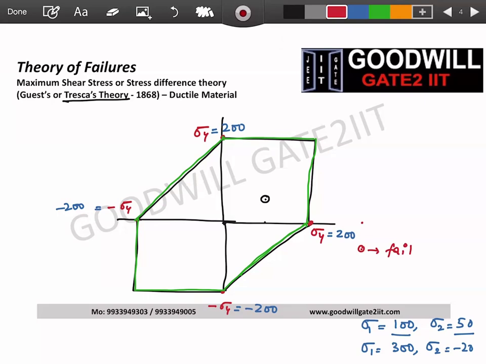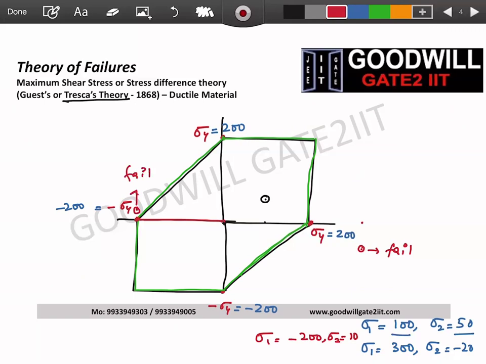Sigma 1 is minus 200 and sigma 2 is, let's say, 10. Think about this. Sigma 1 is minus 200, so I reached here and then plus 10. I will be somewhere here, fail. And I can give you infinite number of examples of pass and fail.